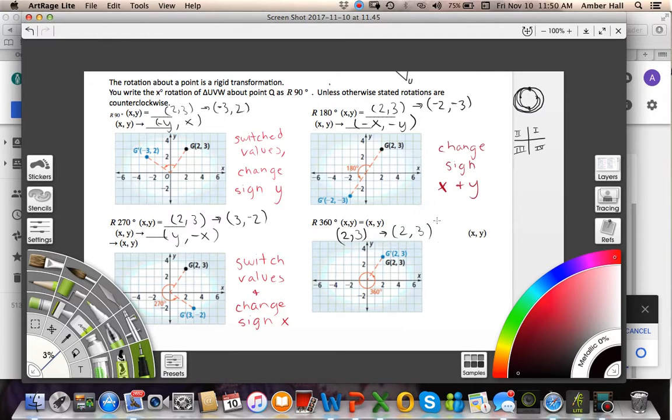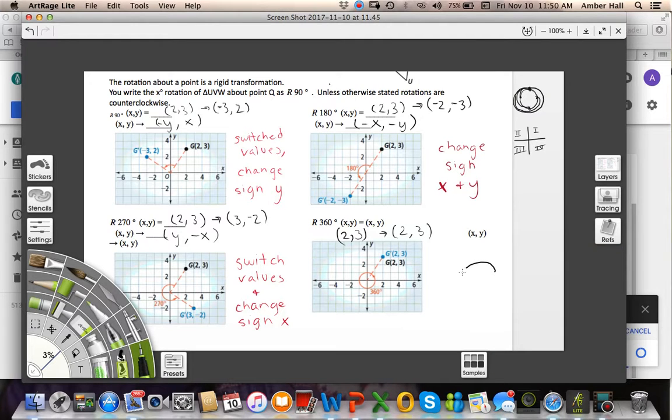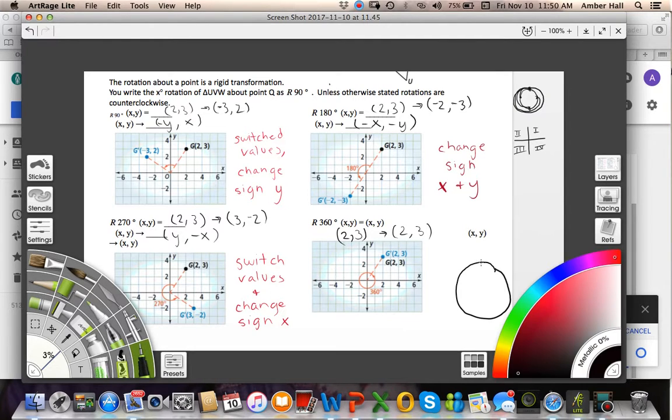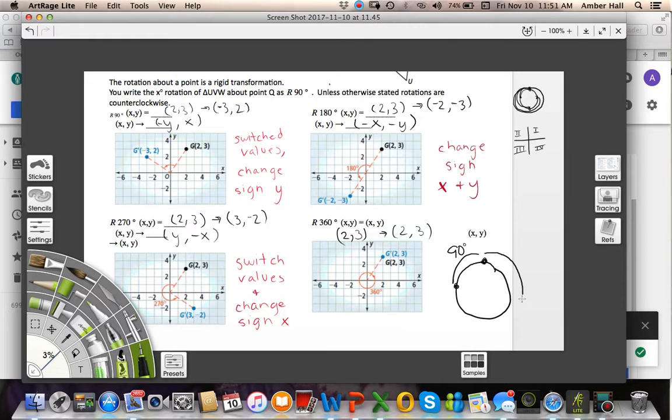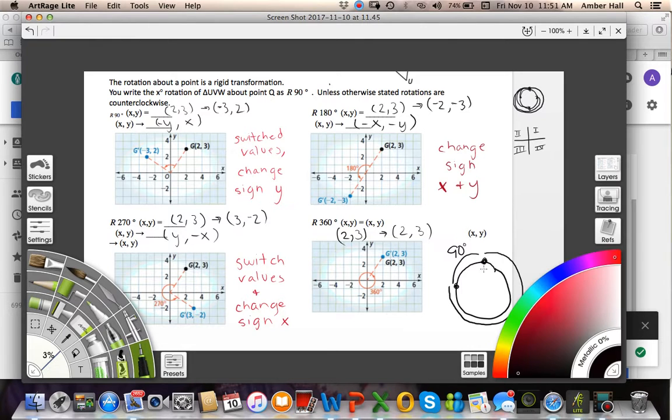What if I ask for clockwise? Well, if I'm given a circle, and I'm going to rotate from here over to here, this is going to be a counterclockwise rotation of 90 degrees. How many degrees would it take for me to get there, but going clockwise? If I go all the way over here, first I go 90 degrees, then I go another 90 degrees, which is 180.